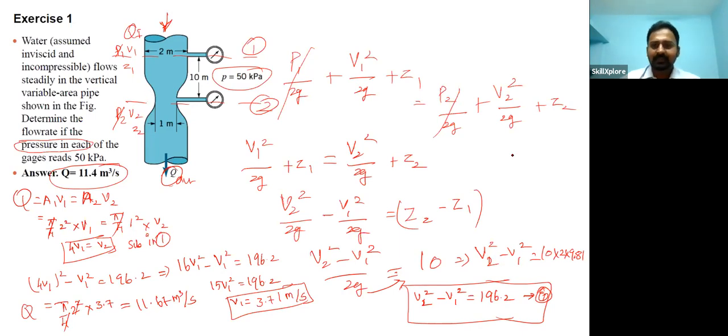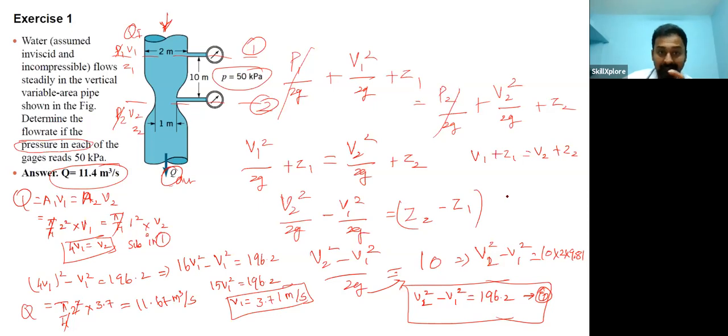If you eliminate everything, then at last you will get directly the equation V1 plus Z1 is equal to V2 plus Z2.